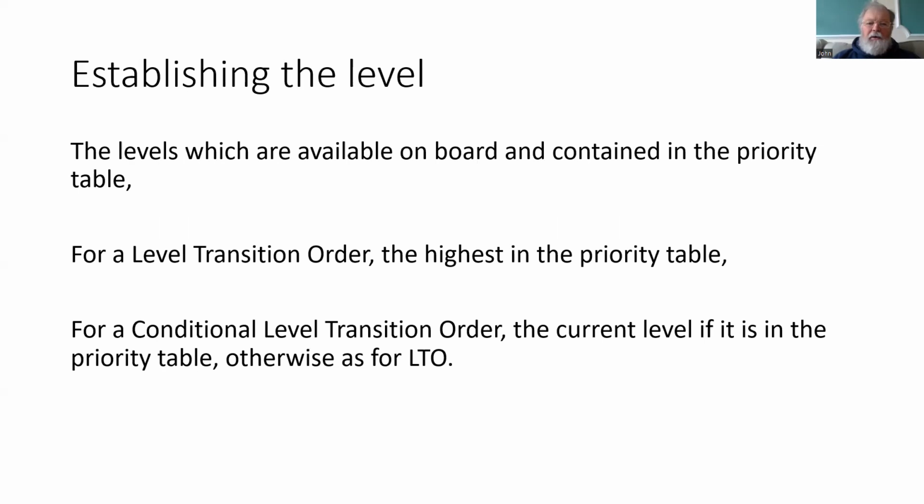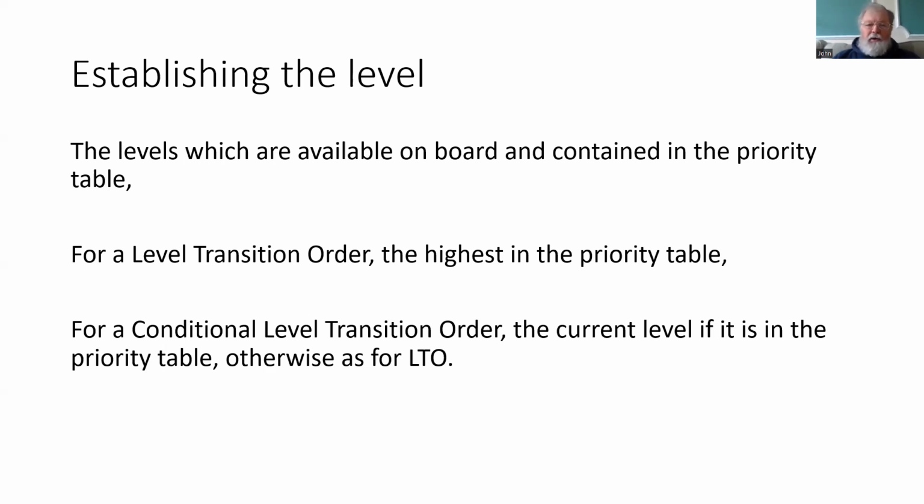So how does the onboard establish which level it needs to change to, if it needs to change at all? Well, there are a set of levels which are available on board, and there are also the levels within the priority table. The onboard looks to see which of those available on board are also contained in the priority table.